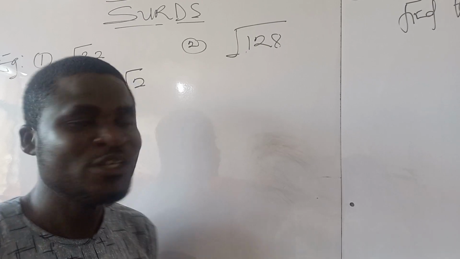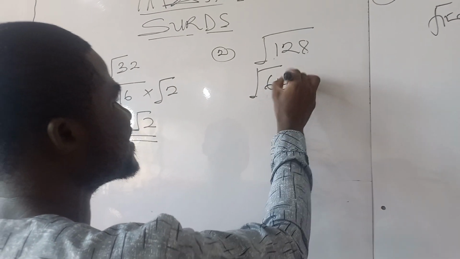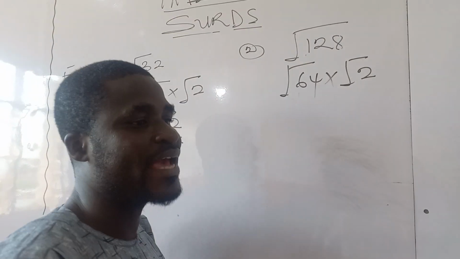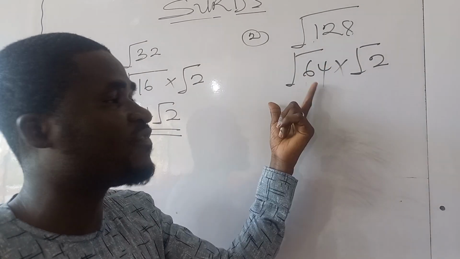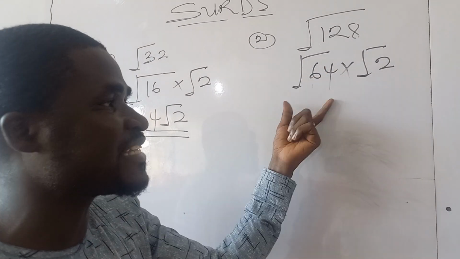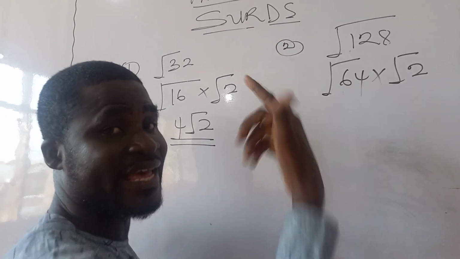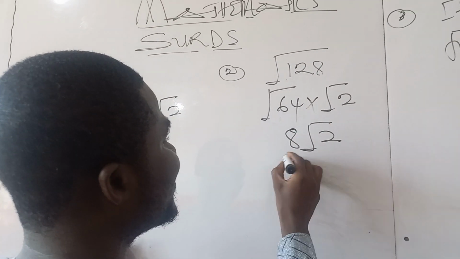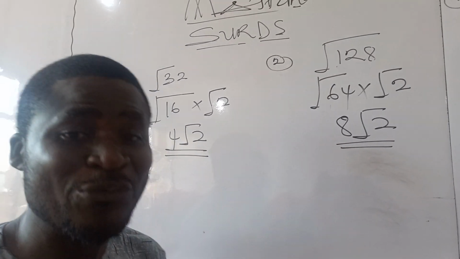So, square root of 64 times square root of 2. I told you that the number that you can square should come first, so that it will give an exact value. Square root of 64 will give us 8. So we are going to have 8 root 2. That's your final answer.